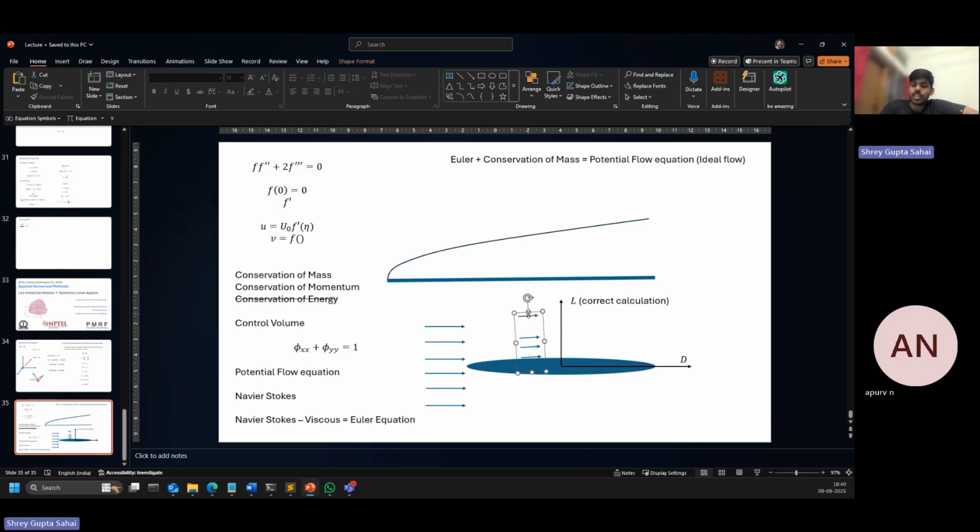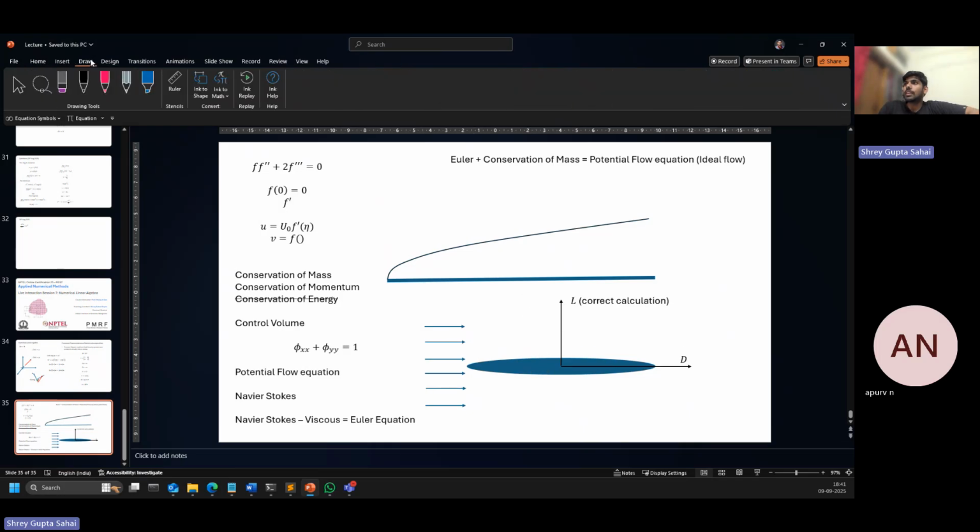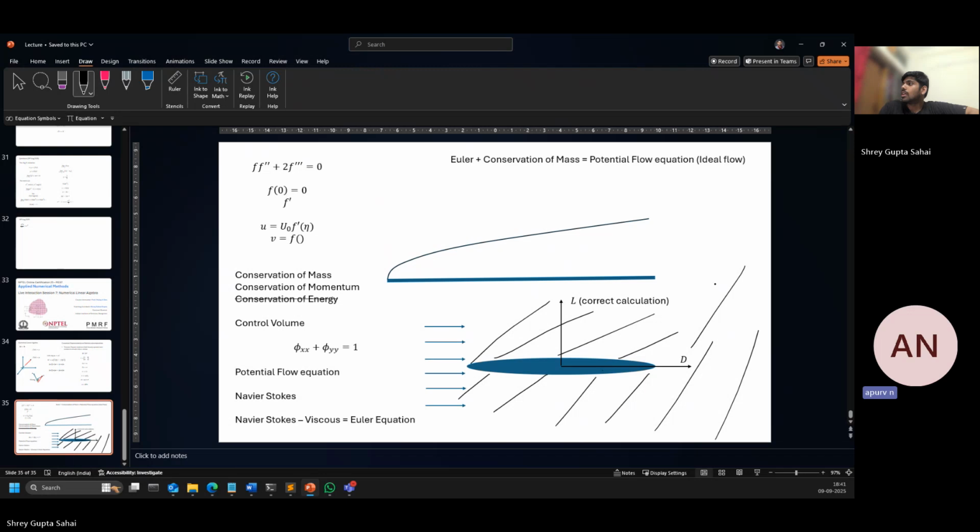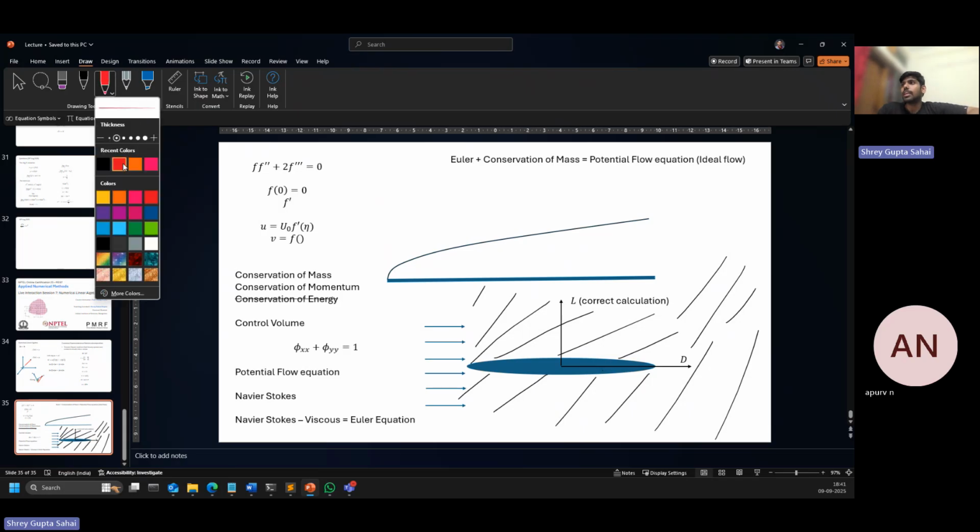So I'll tell you what was going on. When we say that the flow is inviscid, what are we saying? That this whole region, the entire region, is inviscid, right? Yes, and the fluid is slipping over the solid surface. Yes. And now what these experimentalists did was they tried to experimentally measure the velocity fields.